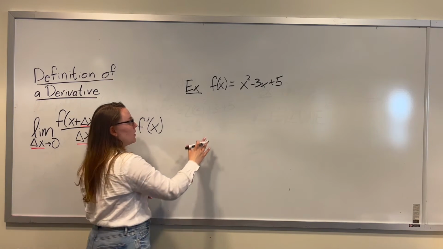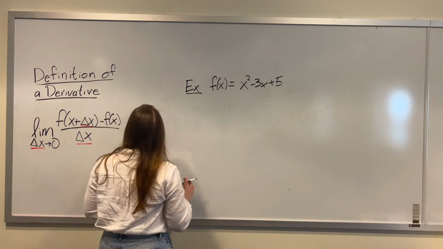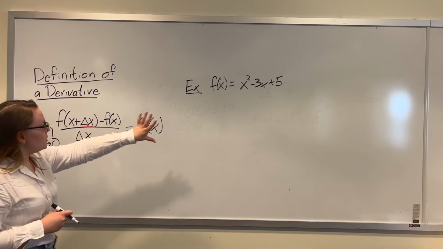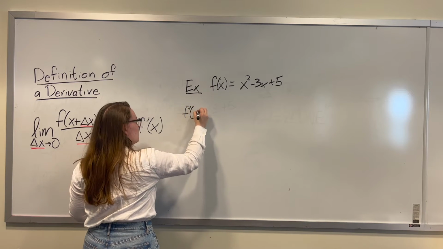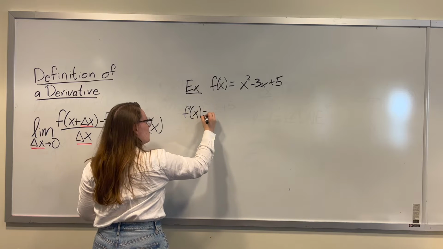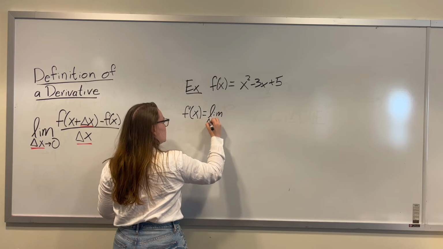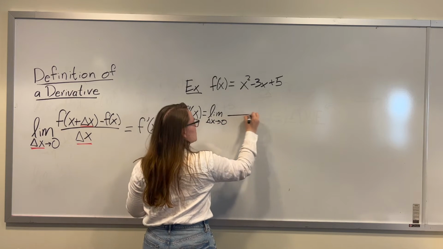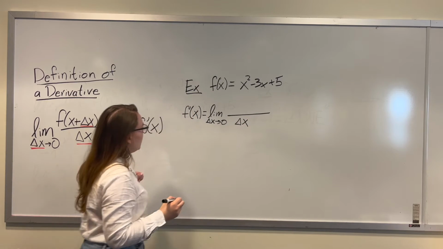So say we are given the function f of x is equal to x squared minus 3x plus 5. What we're going to do is apply this definition to that function. I'm going to go ahead and write this out as f prime of x is equal to the limit as delta x goes to 0 of something over delta x, probably quite long.